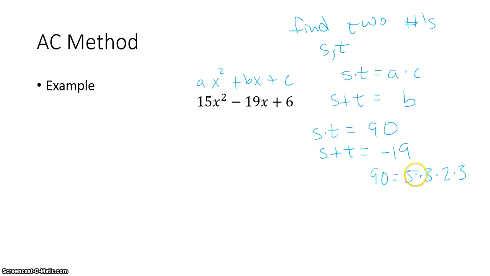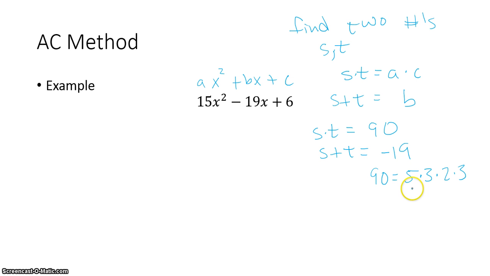What I'm looking for is pairs of these that, when I add them together, I get minus 19. So if I look at maybe 15 and 6, so I'm multiplying 5 and 3, and 2 and 3, 15 and 6, not getting too close to 19. So you can be educated about getting this 19 out.